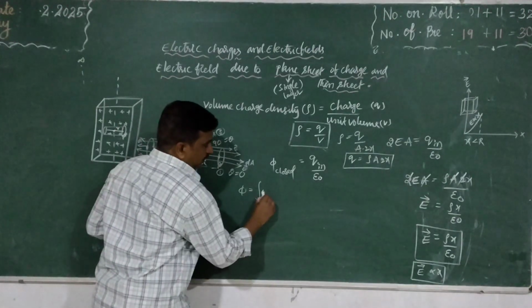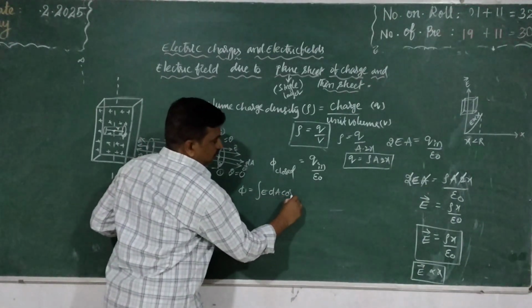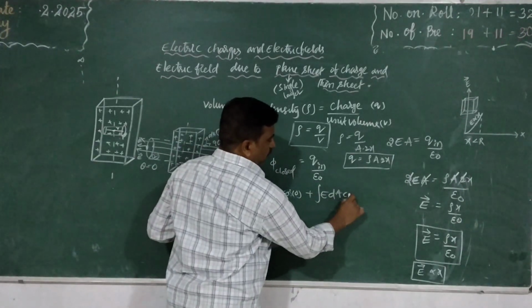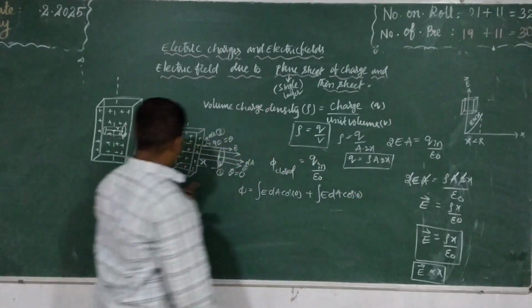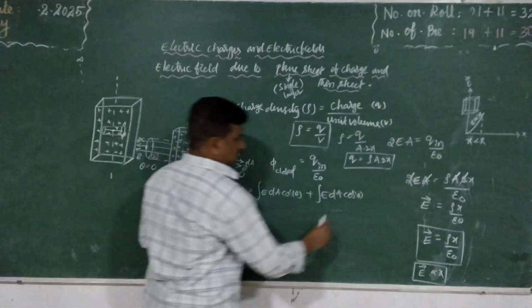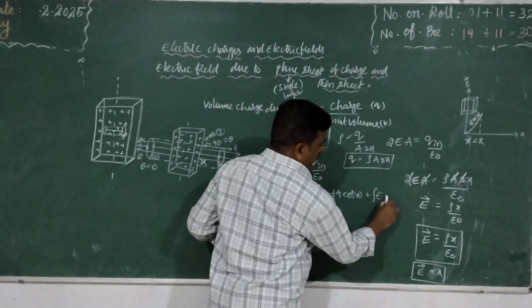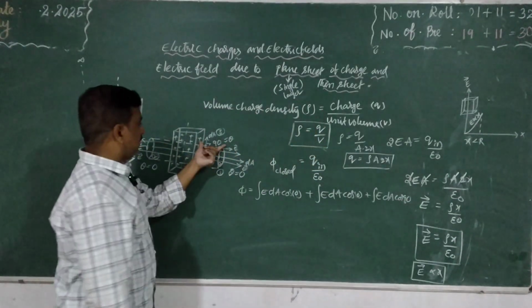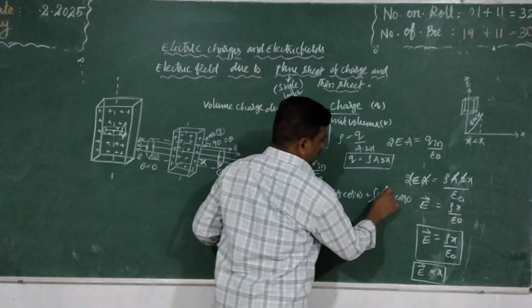Here, for the first two surfaces, integral EdA cos 0 plus integral EdA cos 0. For the third surface, integral EdA cos 90. Here theta is 90, so this part is 0.